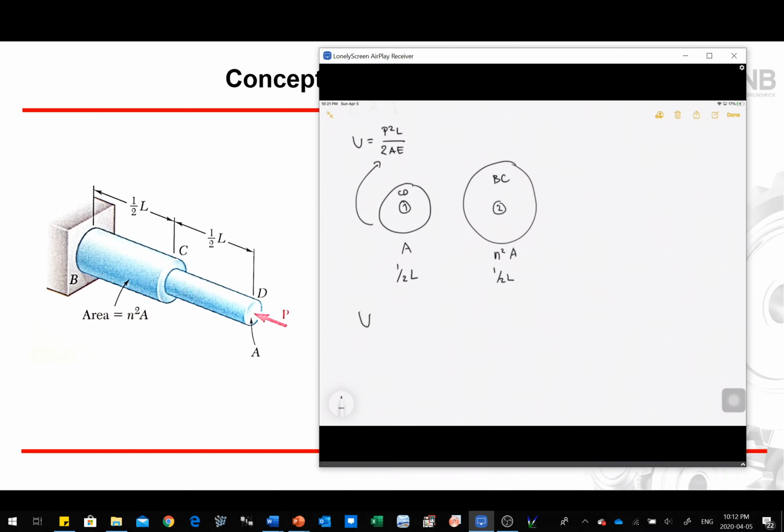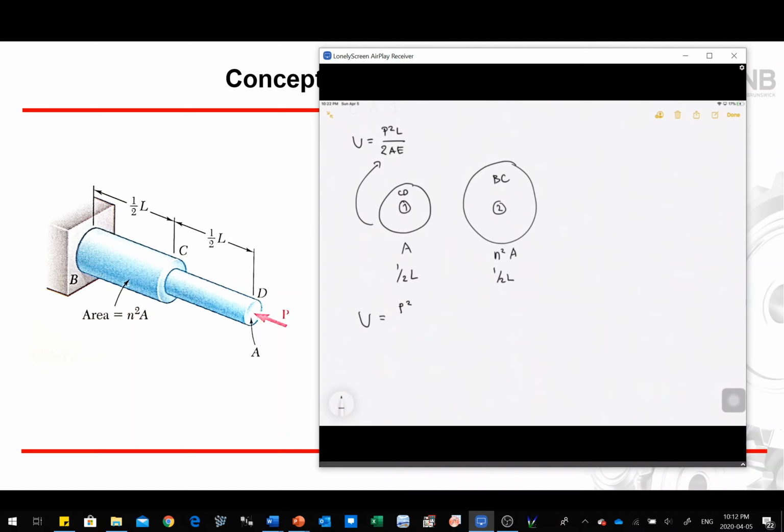So how can we calculate our strain energy? Since we have sections BC and CD, first let's calculate the strain energy in section BC. Our equation for strain energy is P squared.